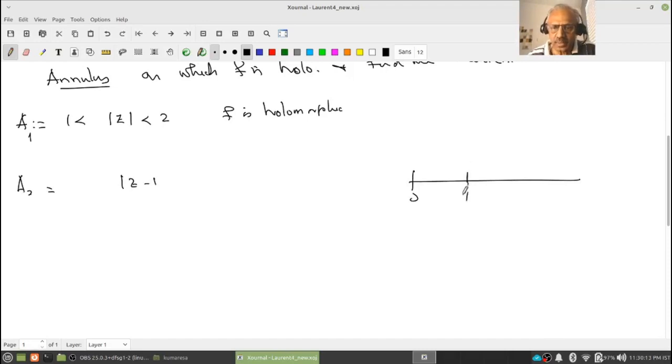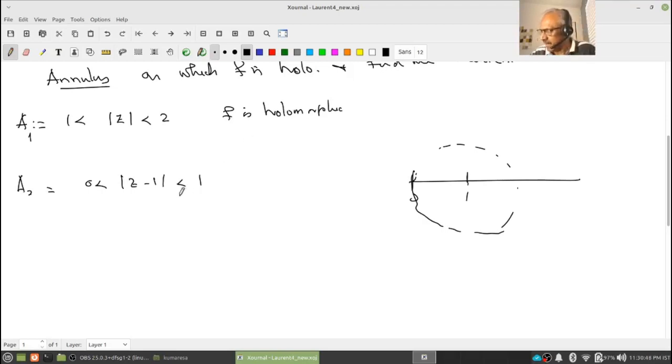If I take 0 less than mod z minus 1 less than 1, then in this annulus also f is holomorphic, and it has an essential singularity at the center, whereas the center of the previous annulus is 0. There is nothing wrong with the function there. In a neighborhood of 0 it is actually holomorphic. Here it is not the case.